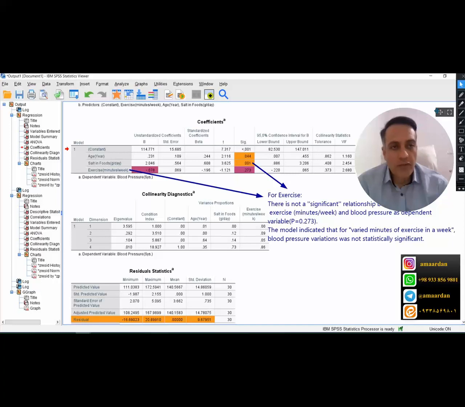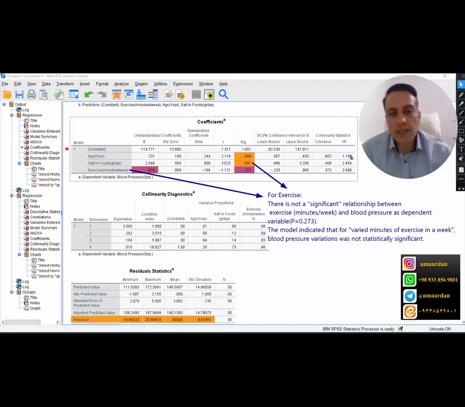And finally, for exercise, you write that there is not a significant relationship between exercise, in parentheses, minutes per week, and blood pressure as the dependent variable. Why not significant?